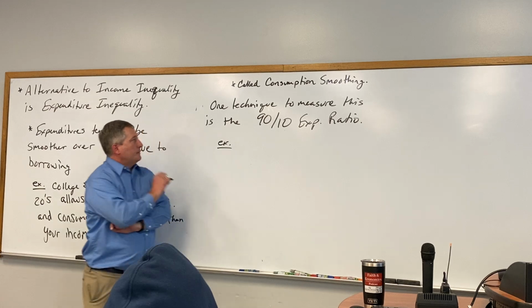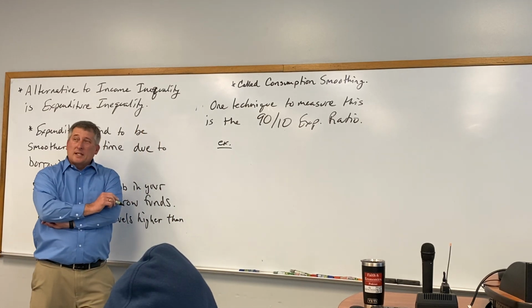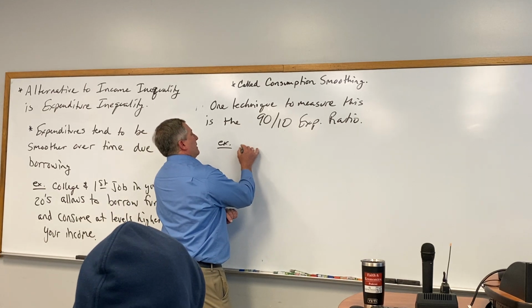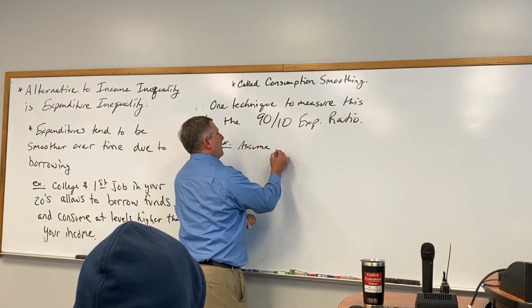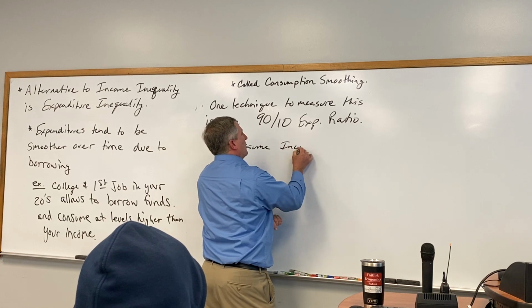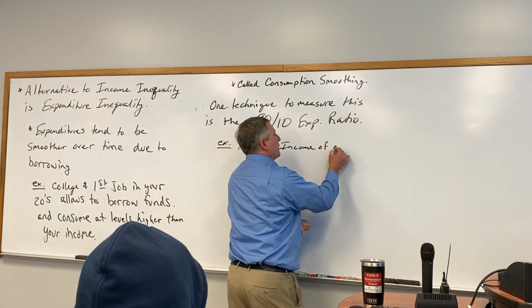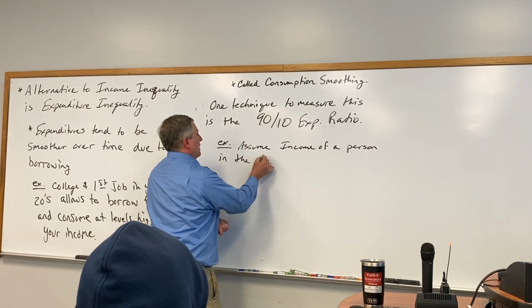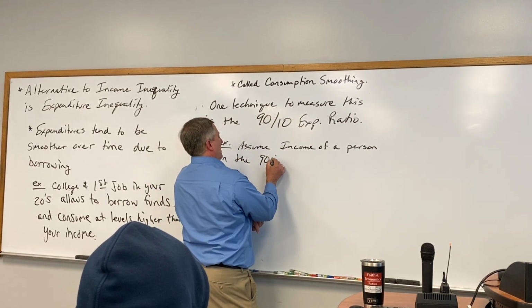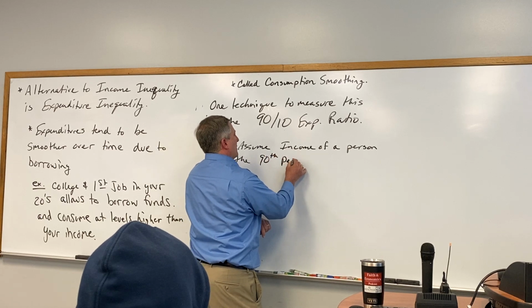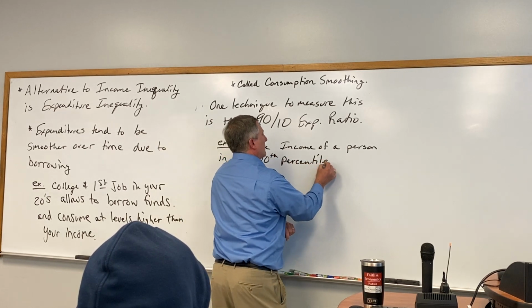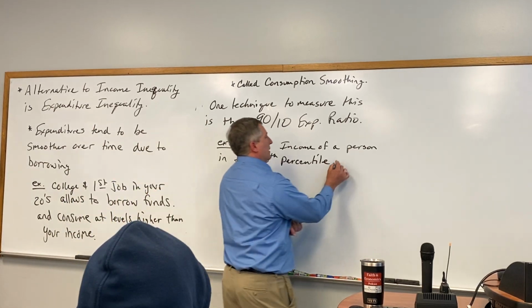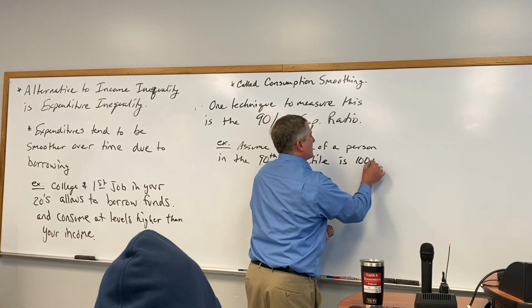So, for example, suppose that the spending of a person in the 90th percentile, so this is the high income person, is $100,000.